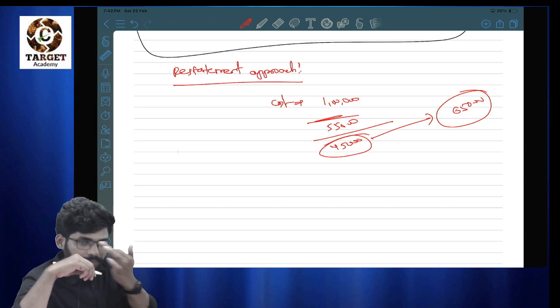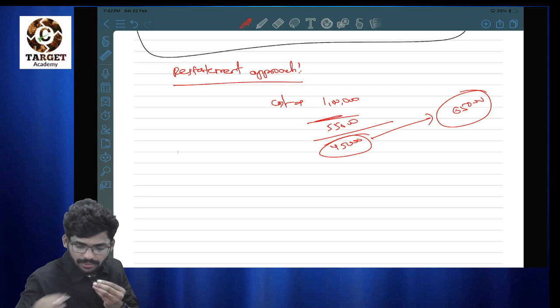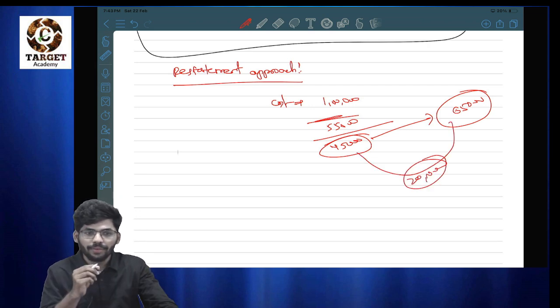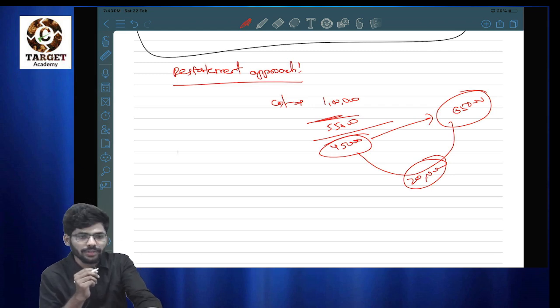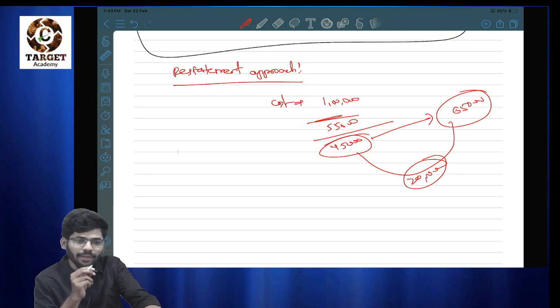Say yes or no. How much has been increased? 20,000. From which amount? 45,000. So 20,000 divided by 45,000 into 100. 44.44 percentage. Correct or not?